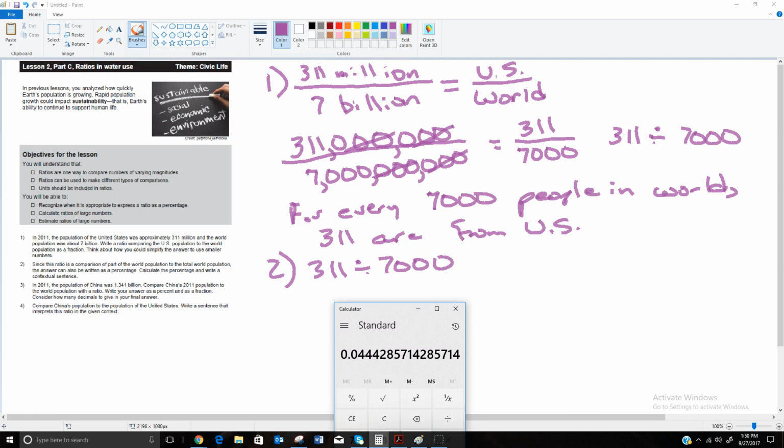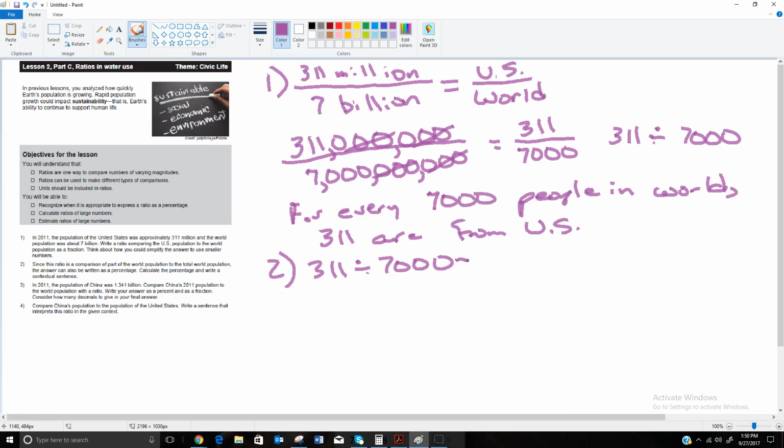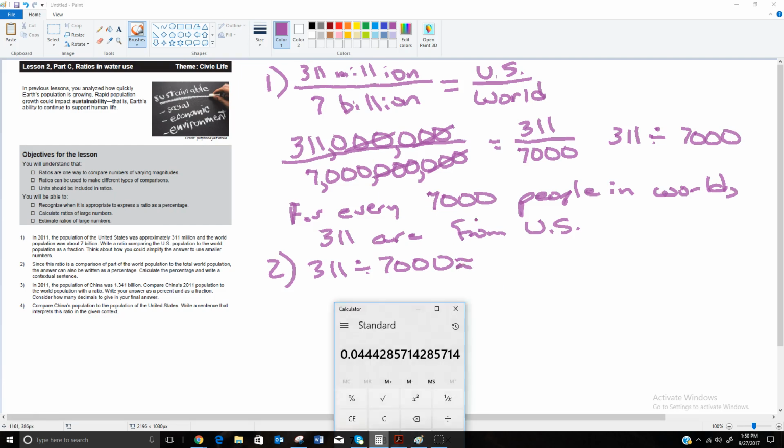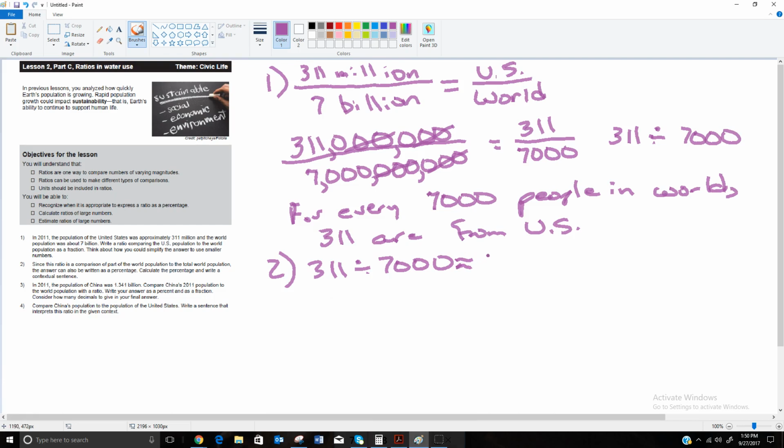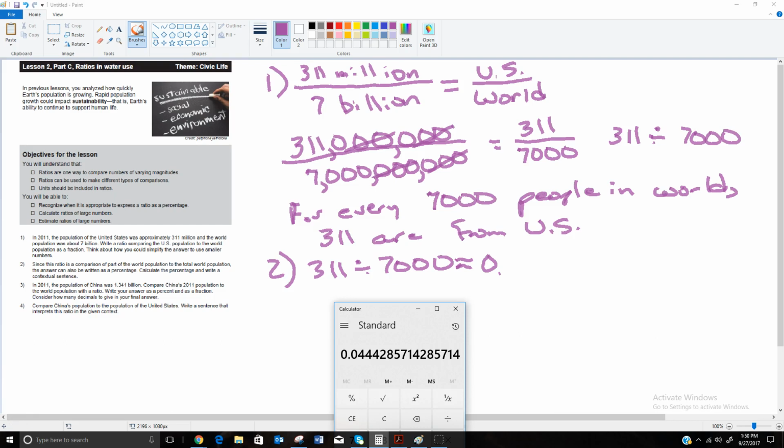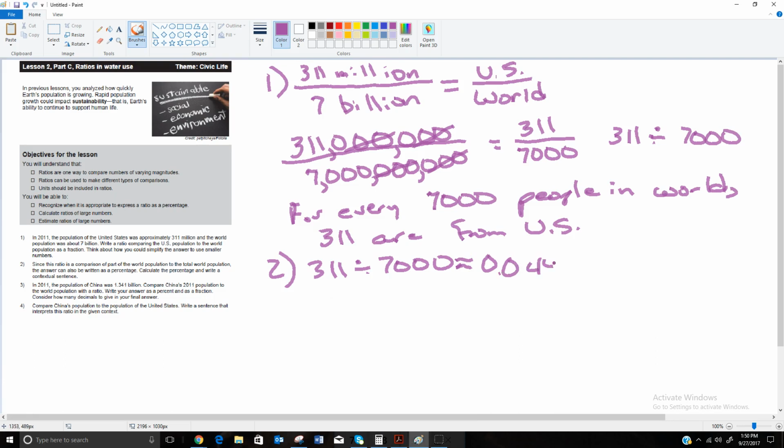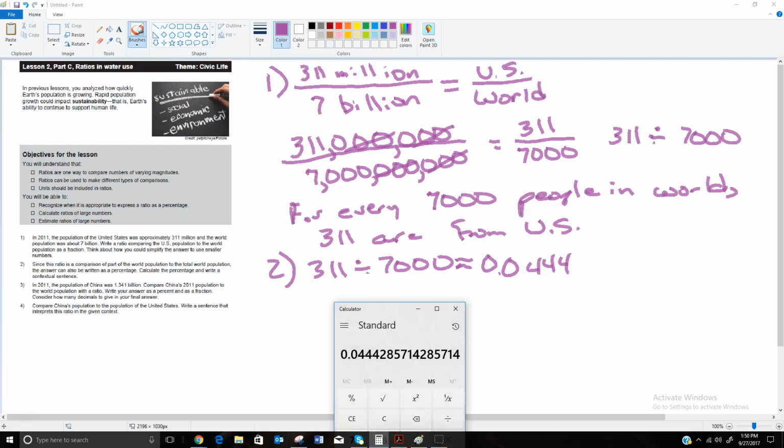So again, we're going to round that. We don't want to write all of those, so we'll say 0.0444. After the last 4 is a 2, so we don't need to round that up.